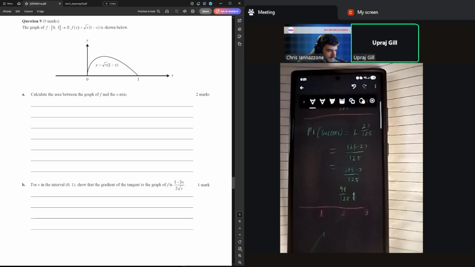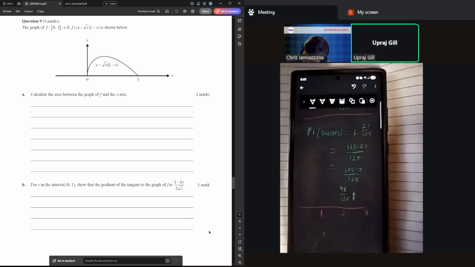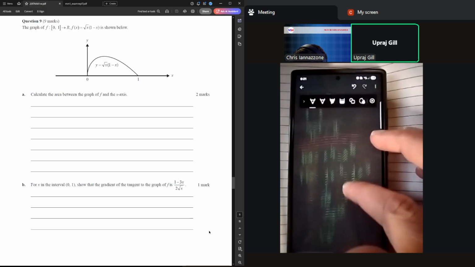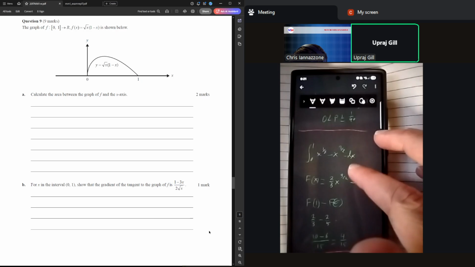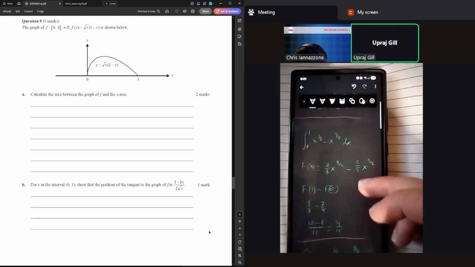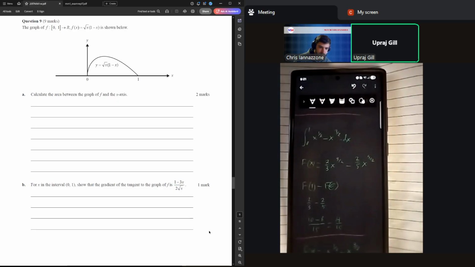The gradient of the tangent to the graph of f is... So this is the gradient and the derivative, and you sub in x. Yeah, derivative, sub in x, which of course is just the derivative at that point.